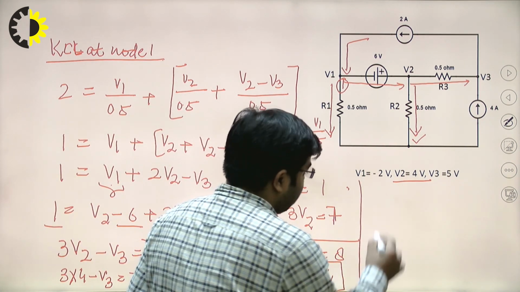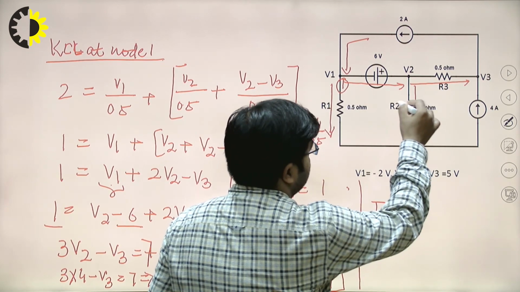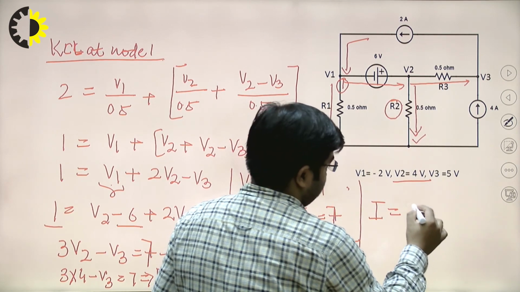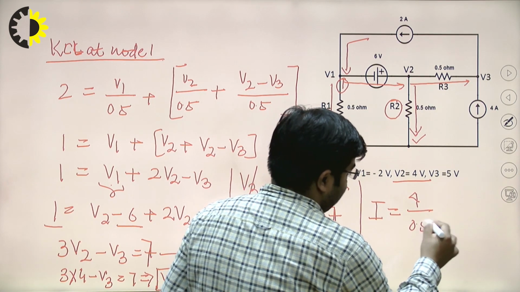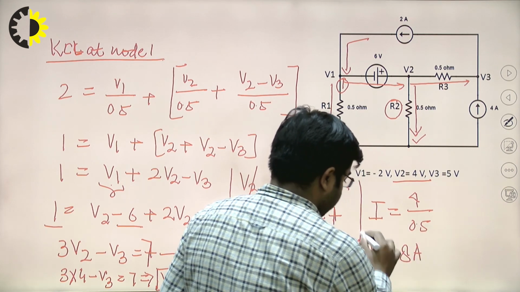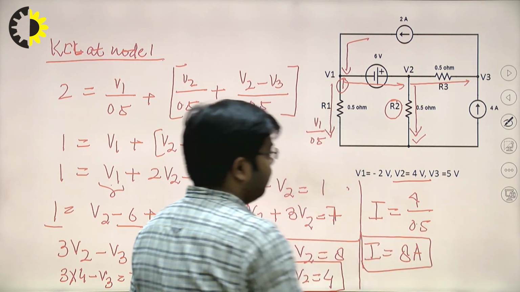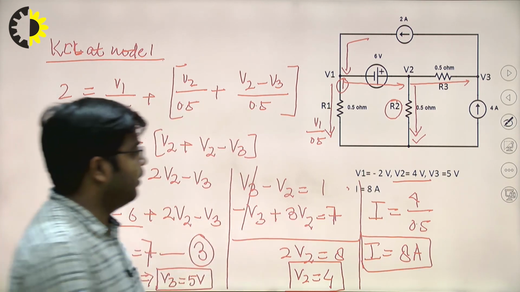Now you can calculate I current. I is the current through resistance R2, so V2 which is 4 divided by 0.5. So I is equal to 8 ampere. This way you can find out the node voltage and node current.